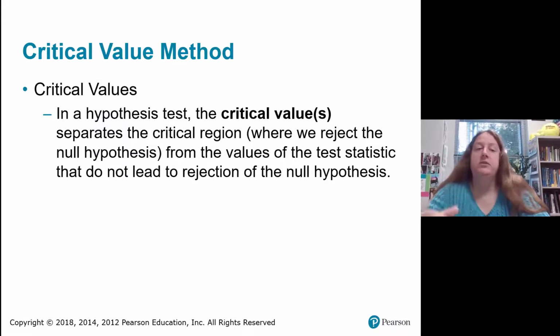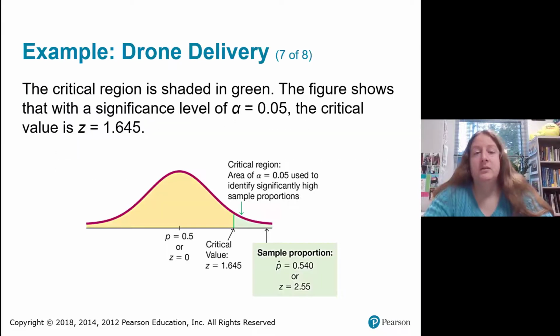So let's take a look at the critical value method. In a hypothesis test, the critical values are the ones that separate the critical region, where we're going to reject the null hypothesis, from the values where we don't reject our null hypothesis. In our drone delivery situation, our critical region is going to be the shaded green one to the right.